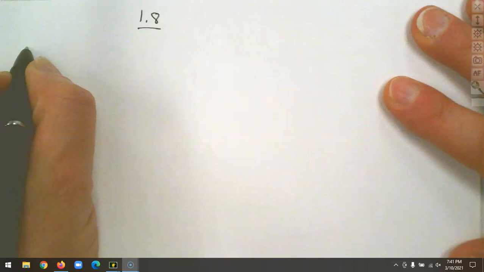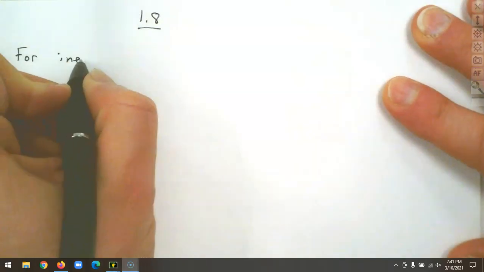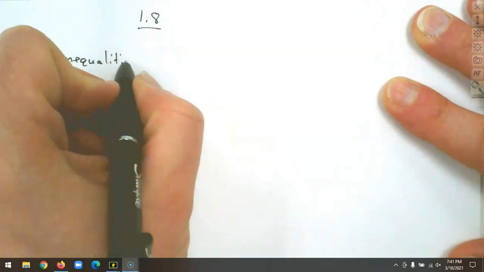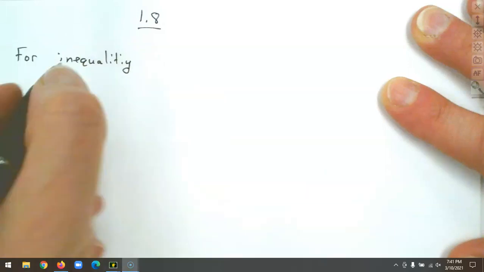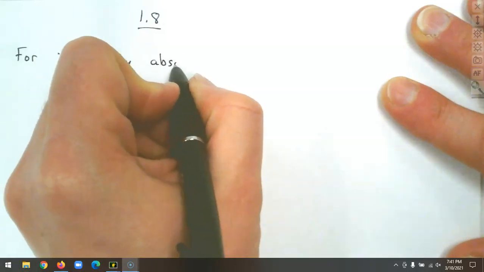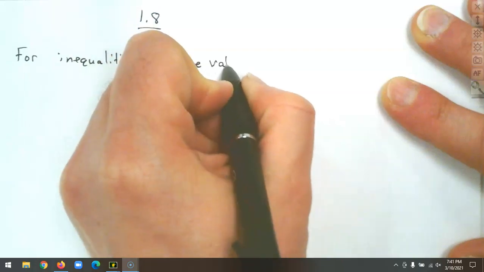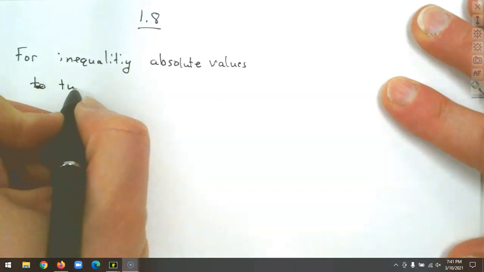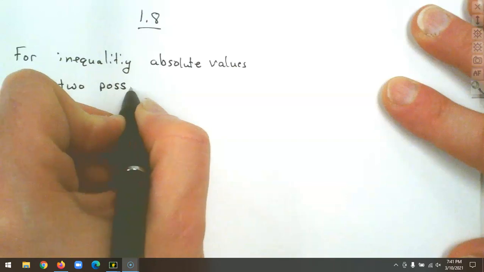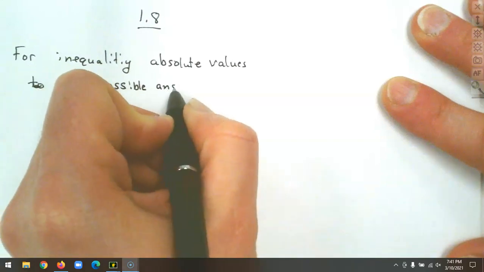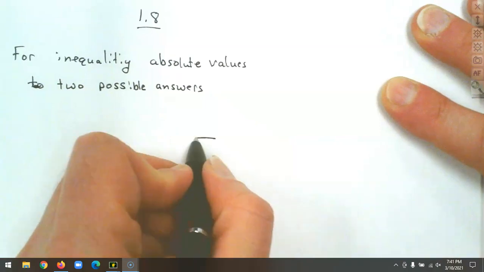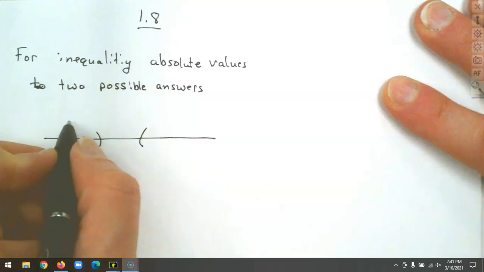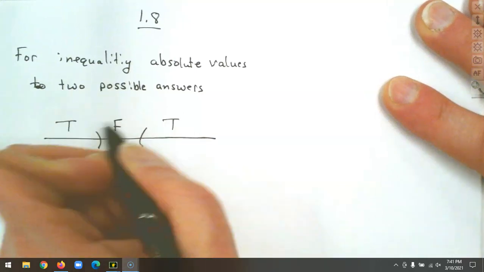And so for inequality absolute values, you have 2 possible answers. And the 2 possible answers are like this, where it's true, false, and true.